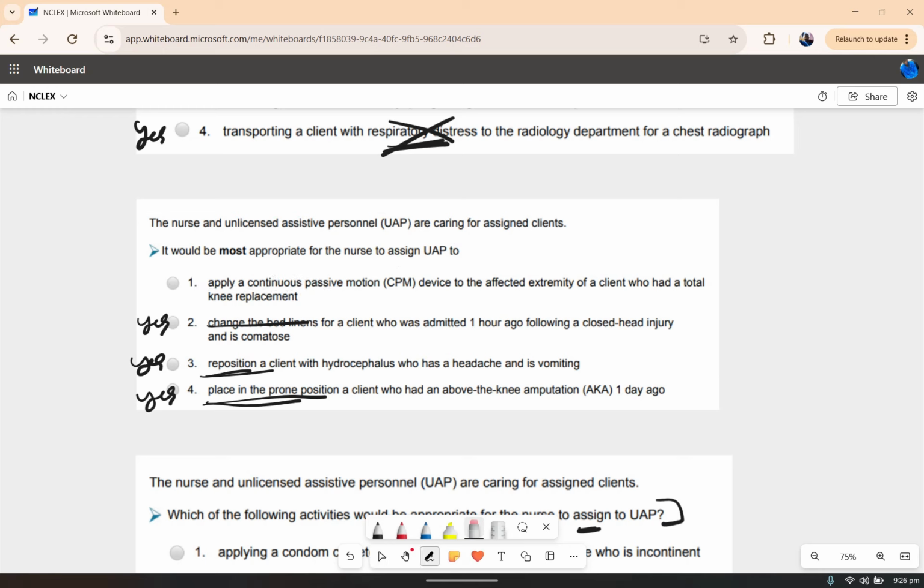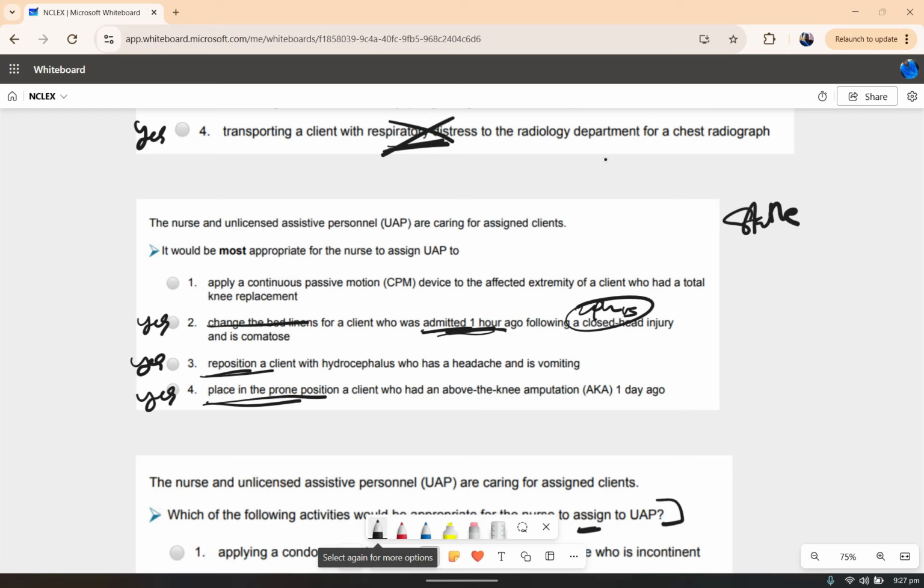So now I'm going to find out who is stable, right? Now this patient is just admitted 1 hour ago. Based on the fact that this patient is just admitted 1 hour ago, this patient is not stable. We should not be assigning anything to the UAP at this point, because this patient has not even spent 24 hours on the unit.